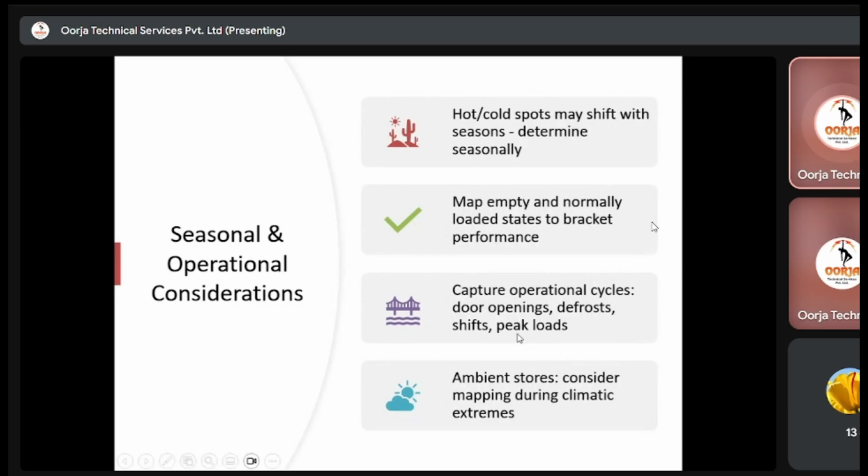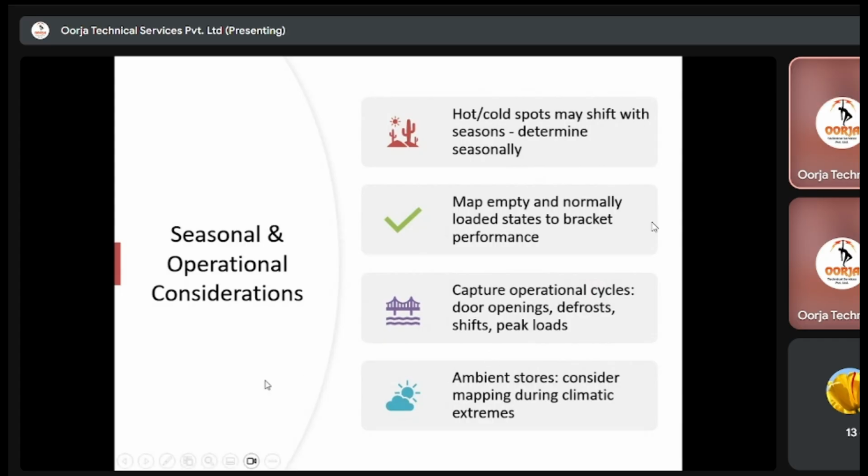So all these things must be covered in a mapping to have a broad set of data that we may utilize to mitigate all possible risk of having any particular excursion or any particular non-compliance.